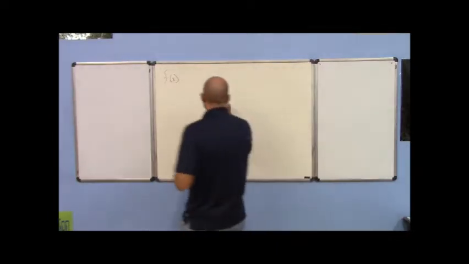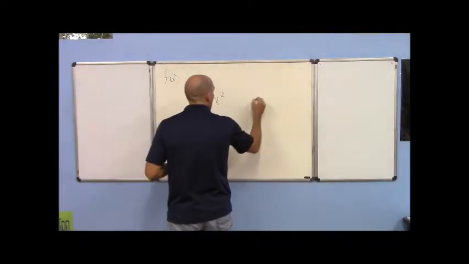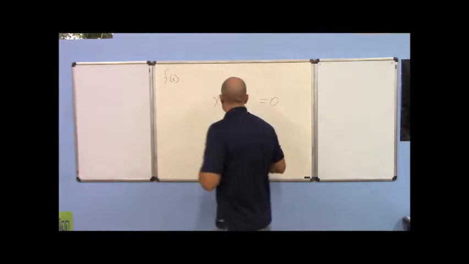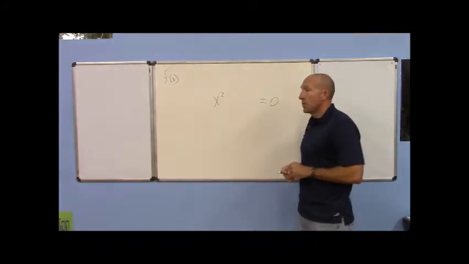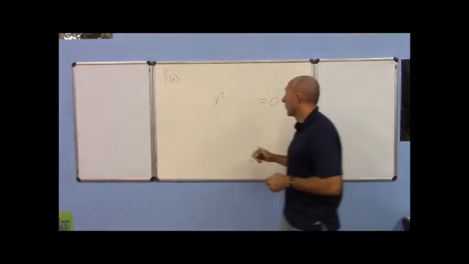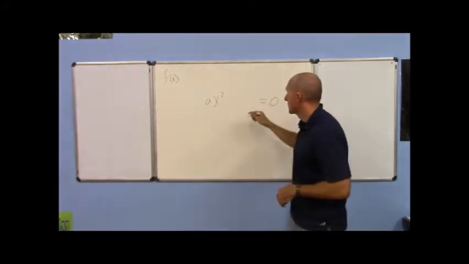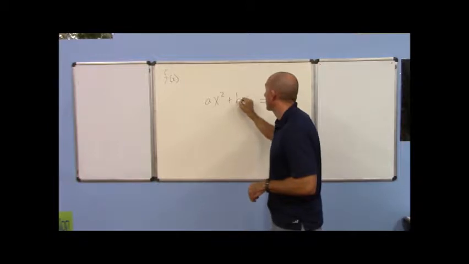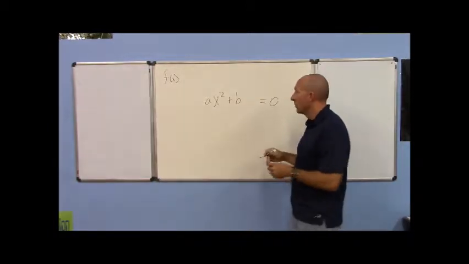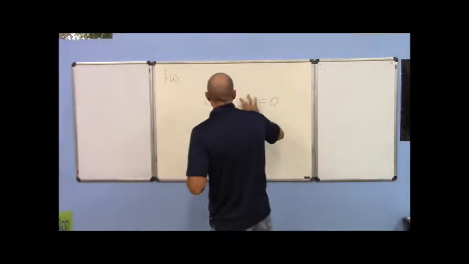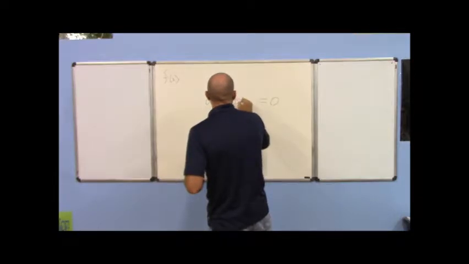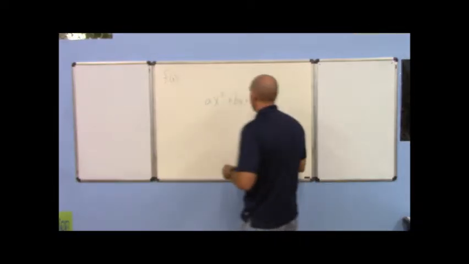So we're going to have x squared, and it's going to equal 0. The simplest form would be ax squared equals 0, or maybe ax squared plus b equals 0. But what we're typically looking at is ax squared plus bx plus c equals 0.